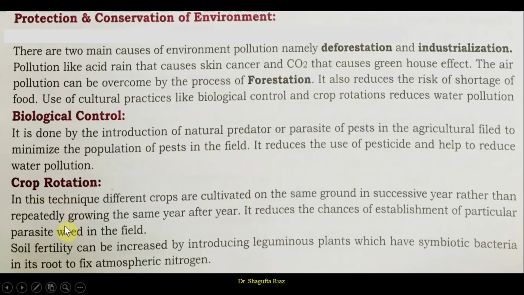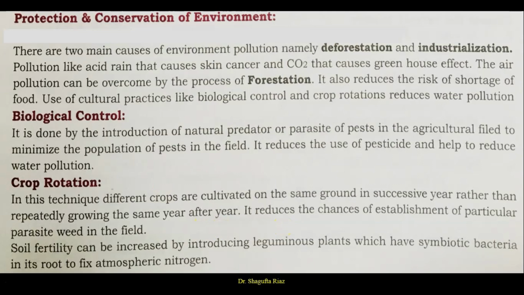Then crop rotation is the technique in which different crops are cultivated on the same ground in successive years, in alternate years, rather than repeatedly growing the same crop year after year. Like in a particular year only one type of crop is cultivated, and in the next year another type of crop will be cultivated on that same area.